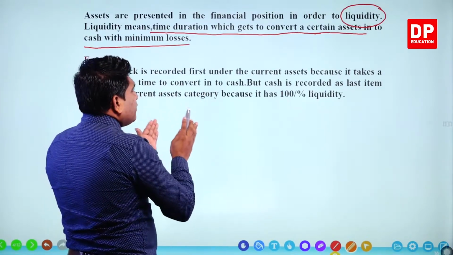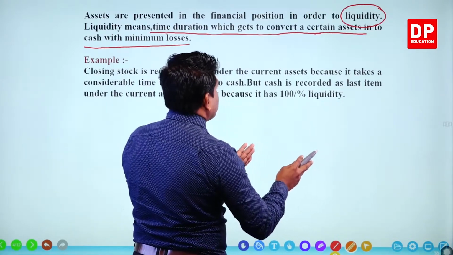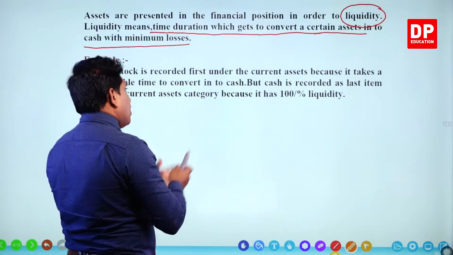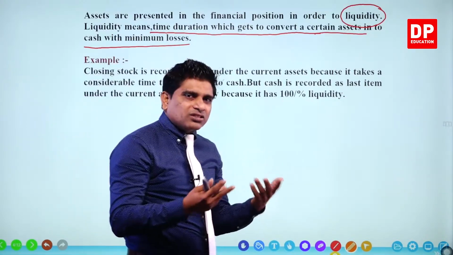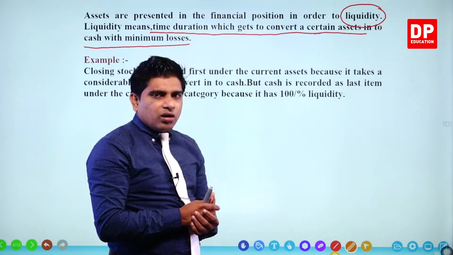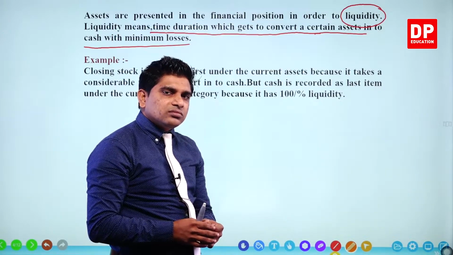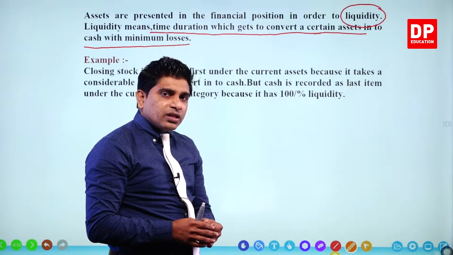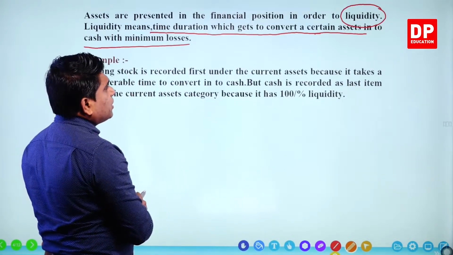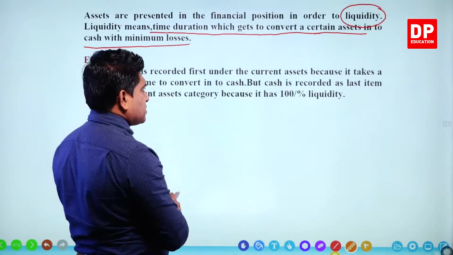If you are going to convert your land into cash, it will take more time. Then you sell your closing stock. Closing stock is the available stock, the remaining stock in your business. Today you have some stock, you can sell it tomorrow or the day after tomorrow. It will take a short time, right? Liquidity. The time duration it takes to convert a certain asset into cash with minimum losses.